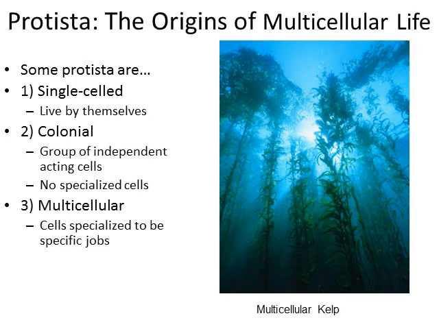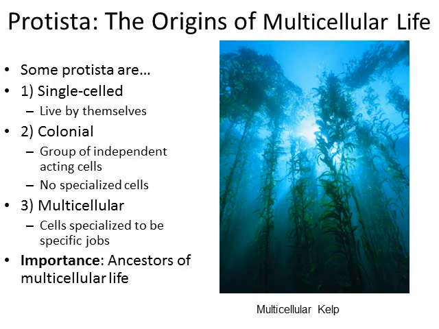And finally, we see in Protista multicellular life. Kelp is a great example. It can grow hundreds of feet tall, and kelp has cells that are specialized to do very specific jobs. So the evolutionary importance of Protista is that they are the ancestors to multicellular life, because when we look at the plants, the animals, and the fungus, they're all multicellular for the most part.